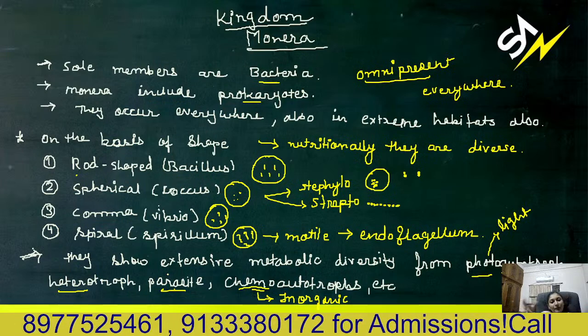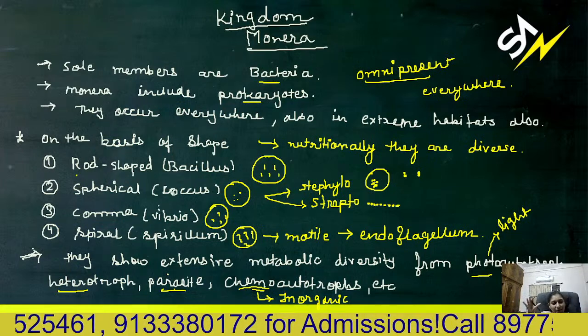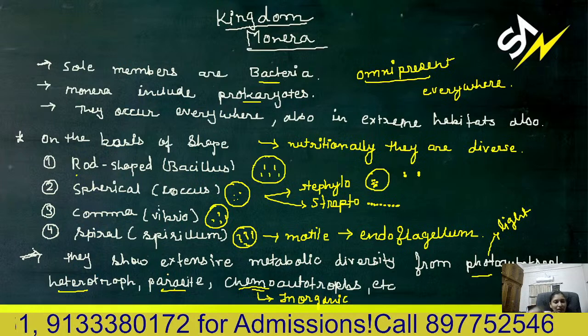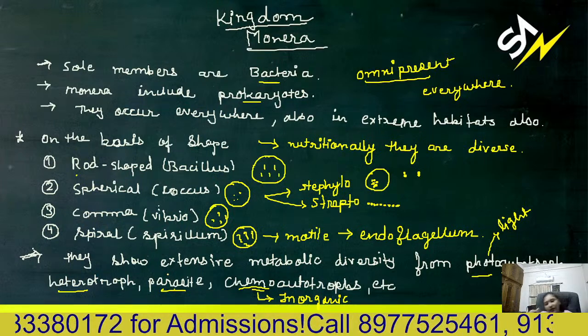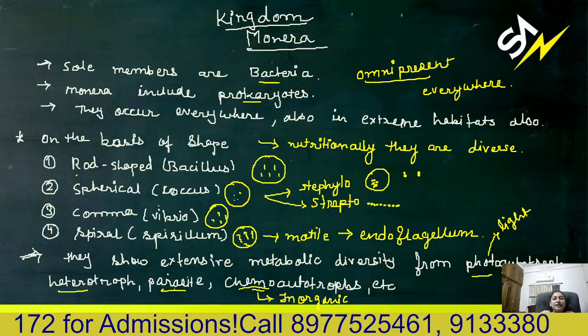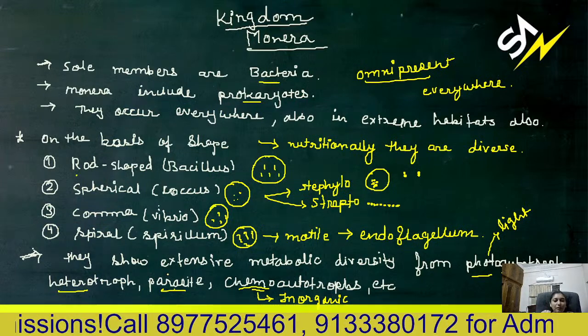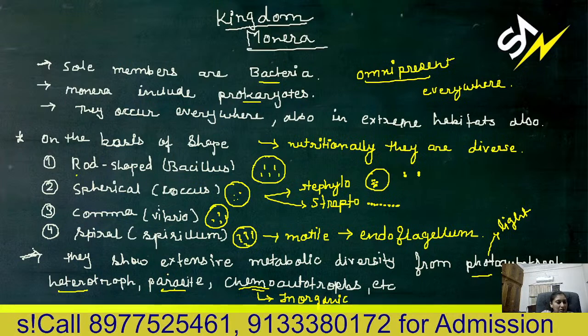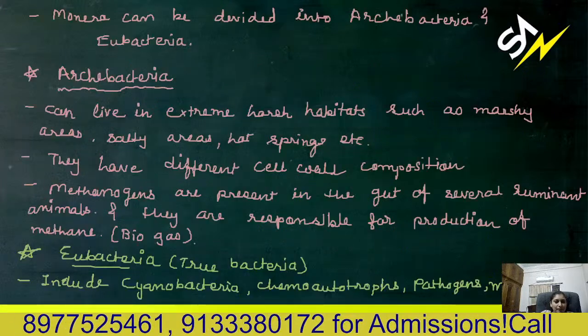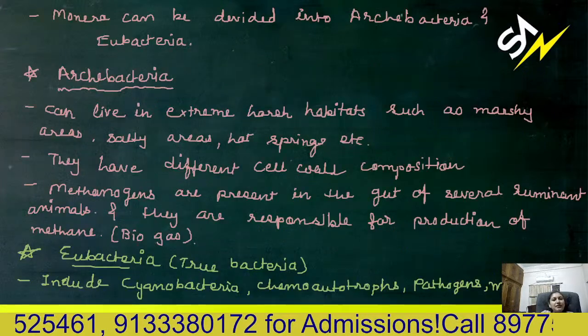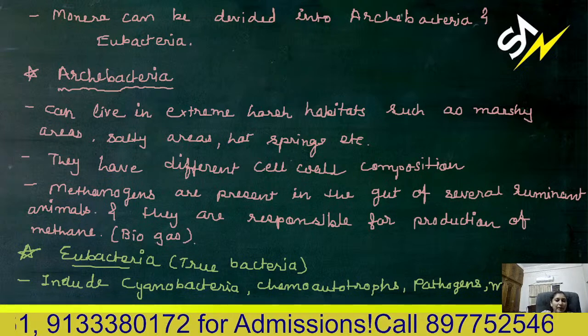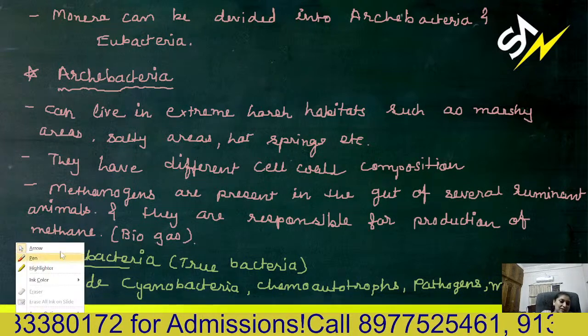Parasites might be endoparasites, ectoparasites, growing inside or over any other organism. So nutritionally they are very diversified organisms. Metabolically they are very diverse. Okay. So Monera can be divided into Archaebacteria and Eubacteria. Who has given this type of classification now?